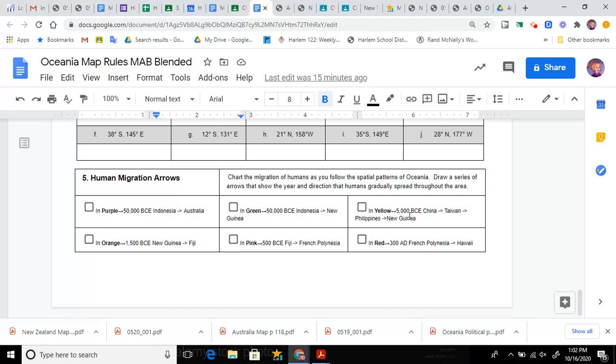And so you're going to see the most recent being here at 300 AD, heading to French Polynesia and then Hawaii. So the natives that came to these two island groups is actually quite recent.